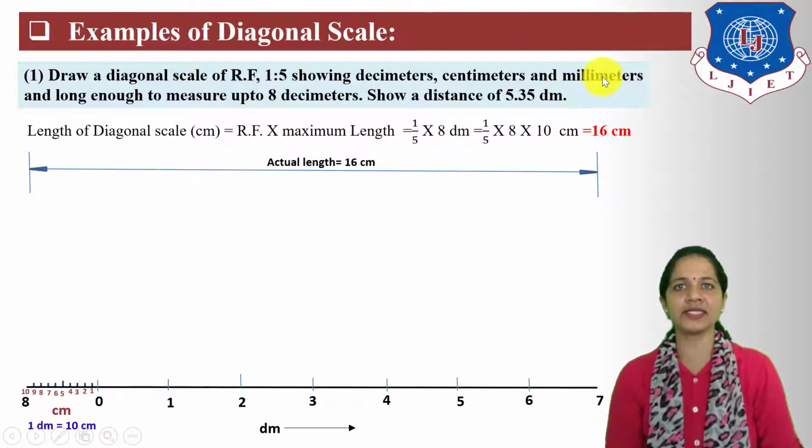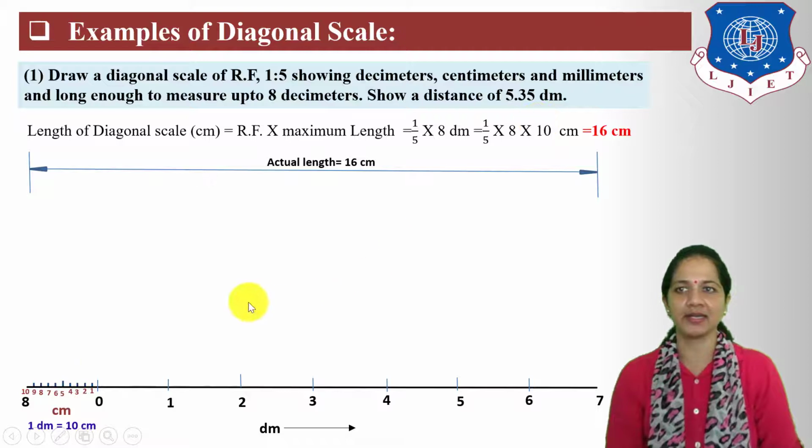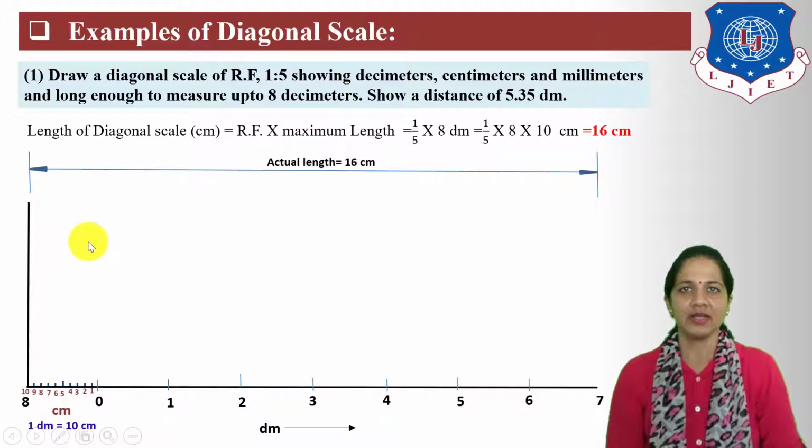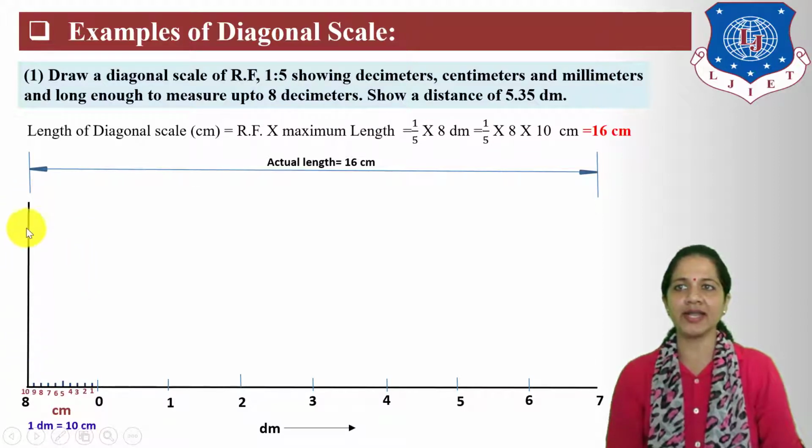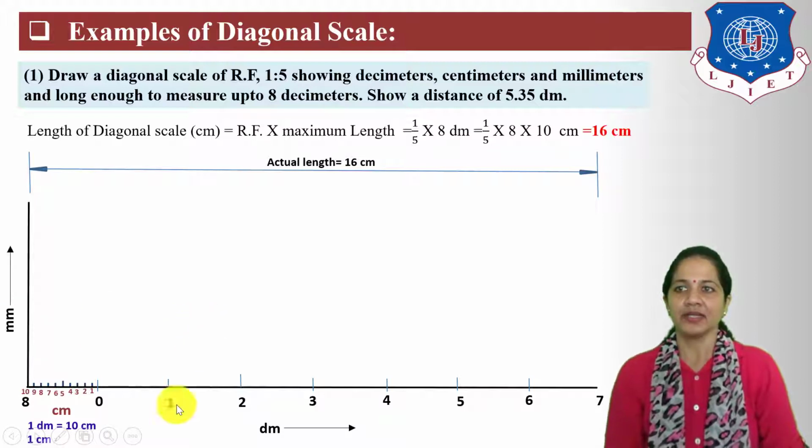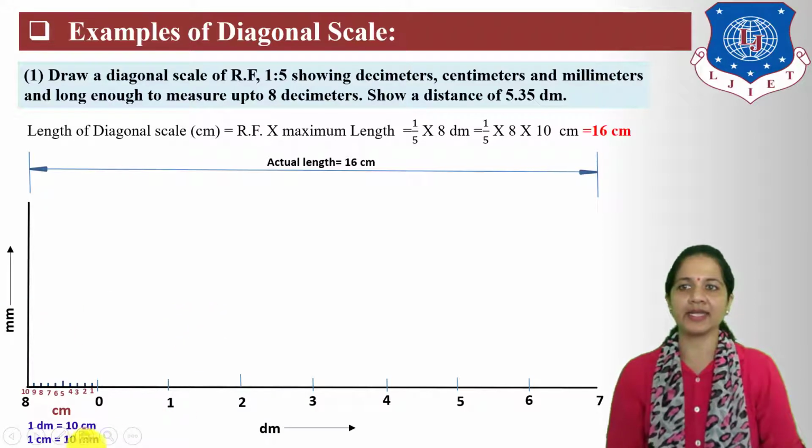Here, smallest unit millimeter is indicated on vertical line. So, draw vertical line from 8 points. Now, this vertical line indicates millimeter. So, take relation of centimeter and millimeter. 1 centimeter is equal to 10 millimeter.